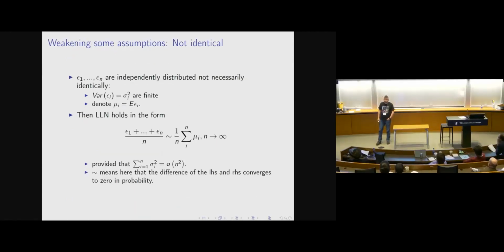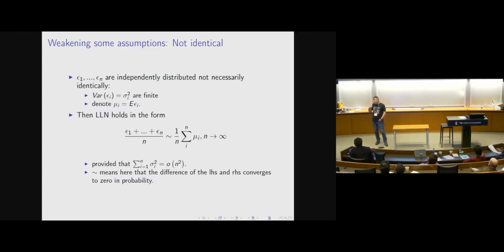Suppose we have non-identical variables. We still have the law of large numbers holding in a slightly different form. So suppose that each individual variance is sigma I squared, and each individual mean is mu I, which is just the expectation of epsilon I. The law of large numbers again holds for n going to infinity.